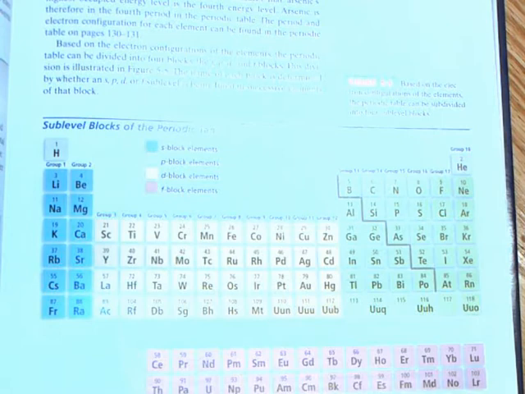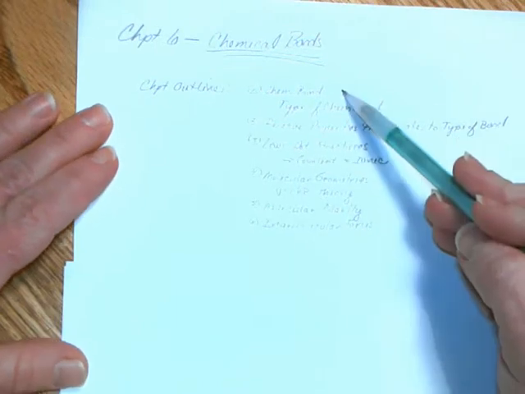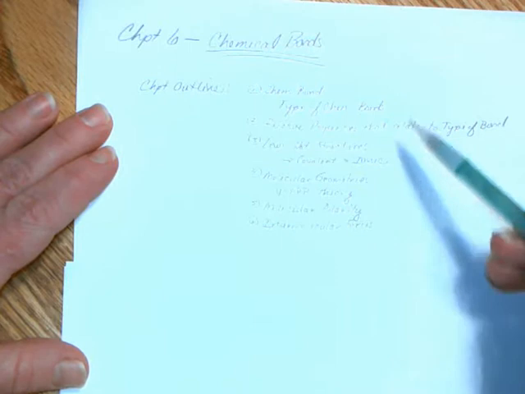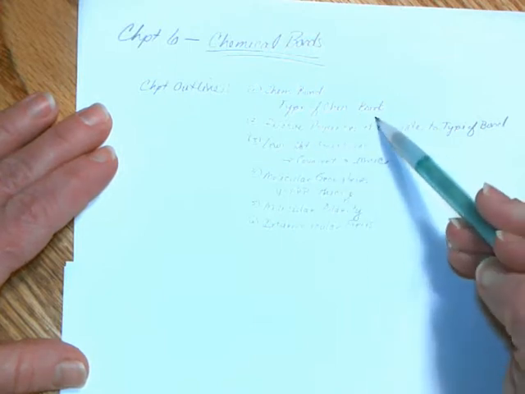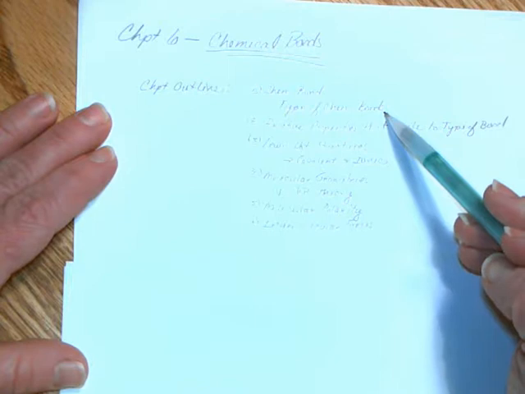This chapter takes us through the journey of chemical bonds, and these are the topics of the chapter. We're first going to talk about what a chemical bond is and what the types are, and what properties are associated with the compound if we know the type of bonding that's holding it together.